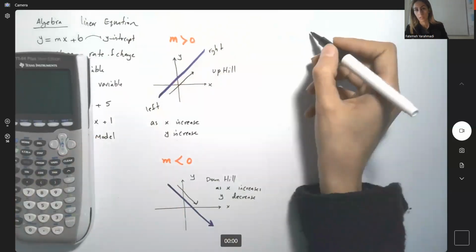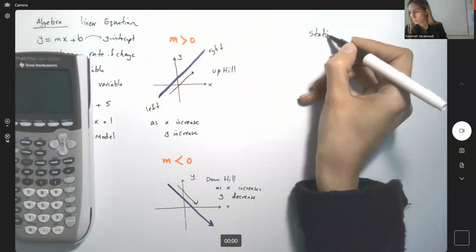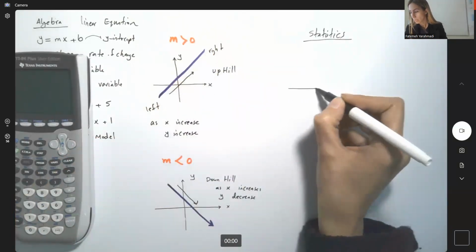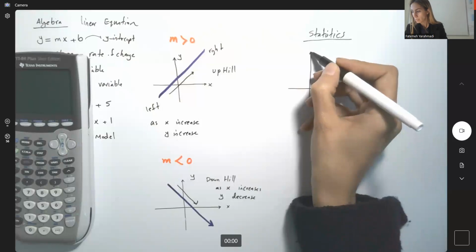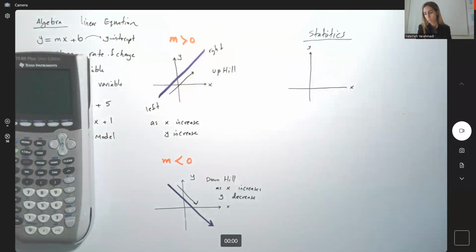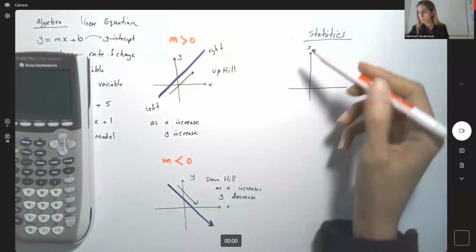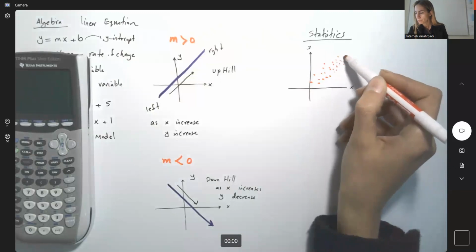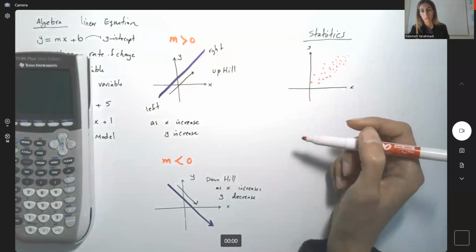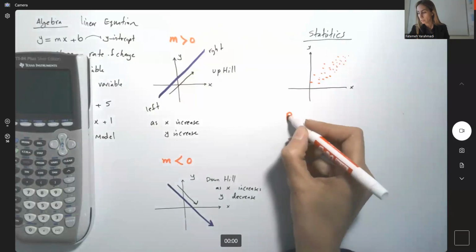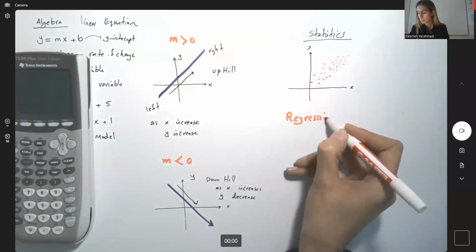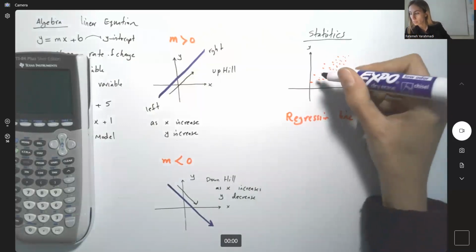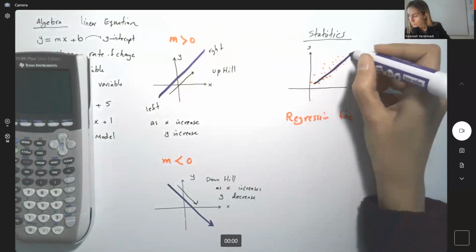So for example, in statistics, instead of seeing these nice lines, we have some x and y, and then we have a bunch of points. These points are just right here. Then in statistics, we use the regression line to find the best fitted line for these values.